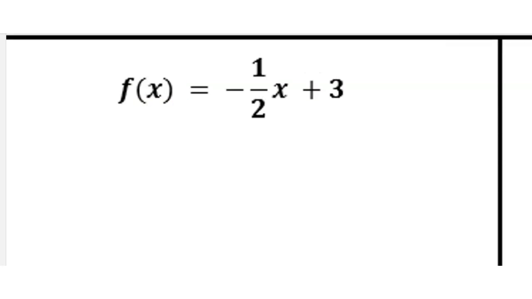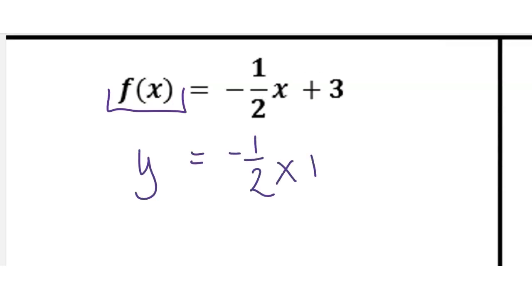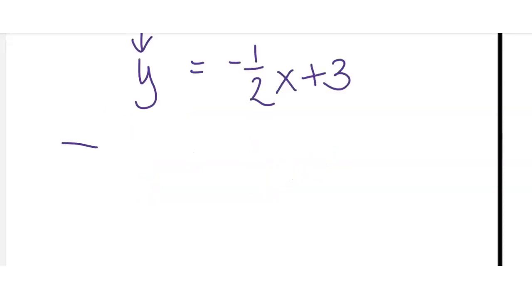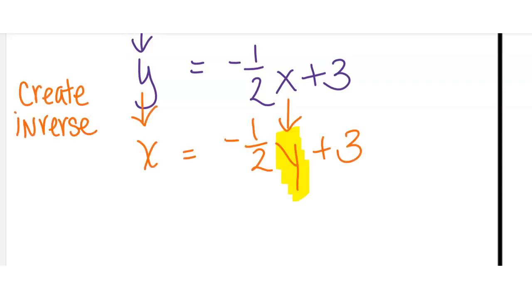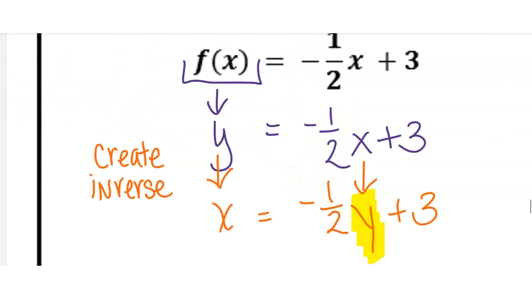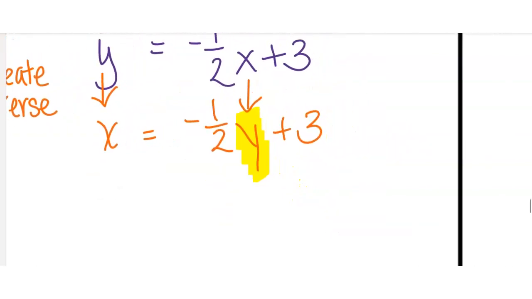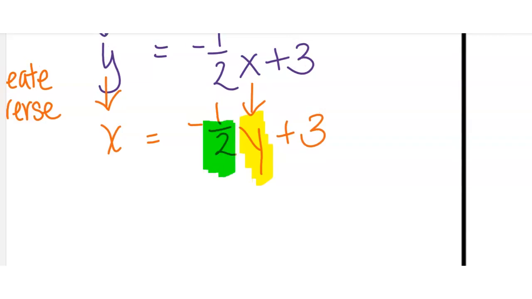Remember, the first step is with y. And now let's switch the x, and now we just solve for y. Remember, we want to get rid of any fractions that we can by multiplying by whatever denominator we have.